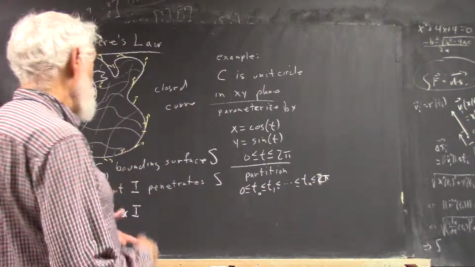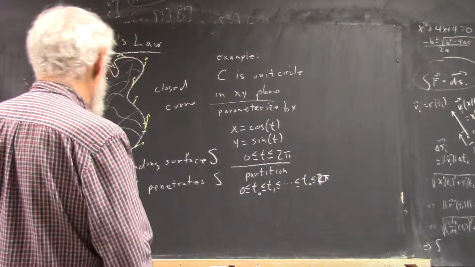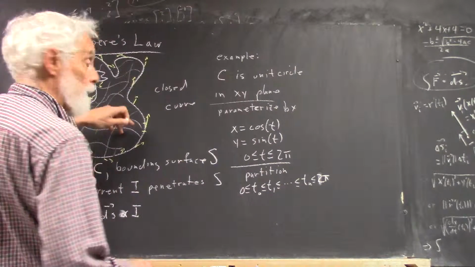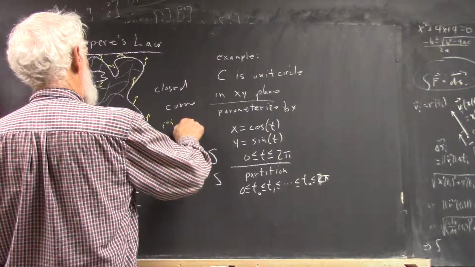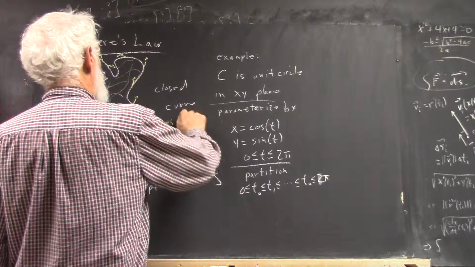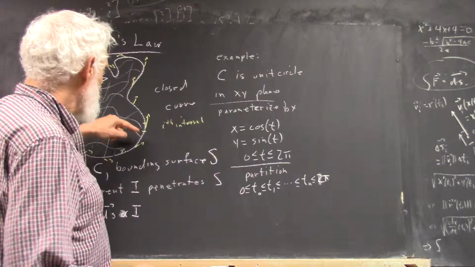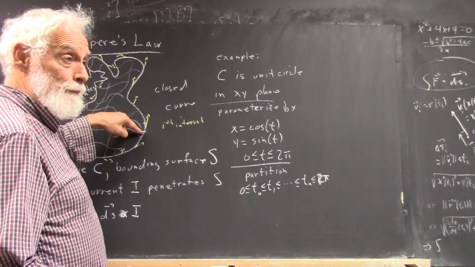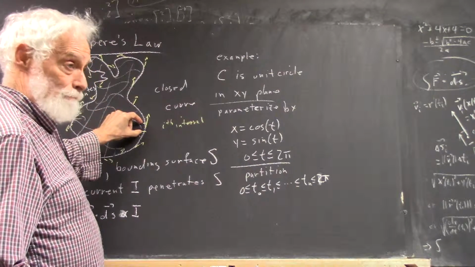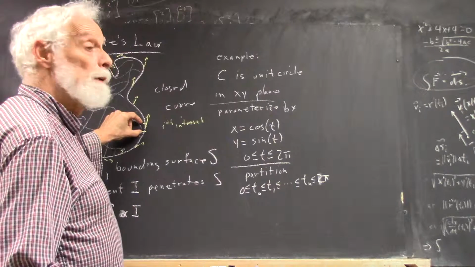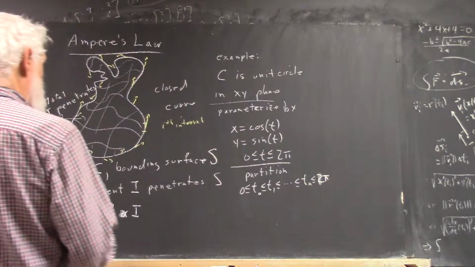Well, if this was a circle, which it isn't, but say you parameterize this in terms of t, here's your ith interval. So you plug in t sub i minus 1, you get this point on the curve. You plug in t sub i, you get this point on the curve, and you have a resulting displacement here, right? Make sense?